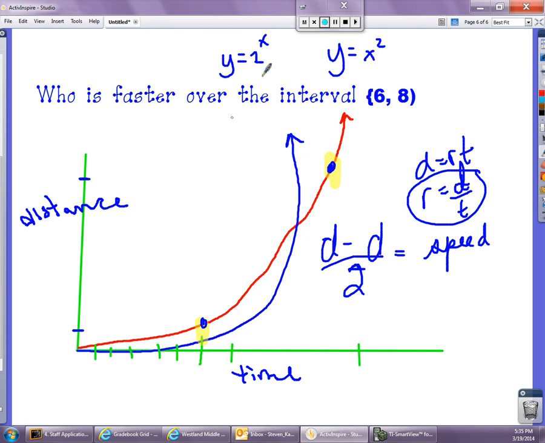For example, say that x is 4. Well, if you put a 4 in for there, you get 81. If you put a 4 in for there in the quadratic, you only get 16. So you can see that, by putting bigger numbers as the exponent, eventually it's going to increase at a much faster rate than a quadratic will. I hate to use the word steeper because it's not really a slope.